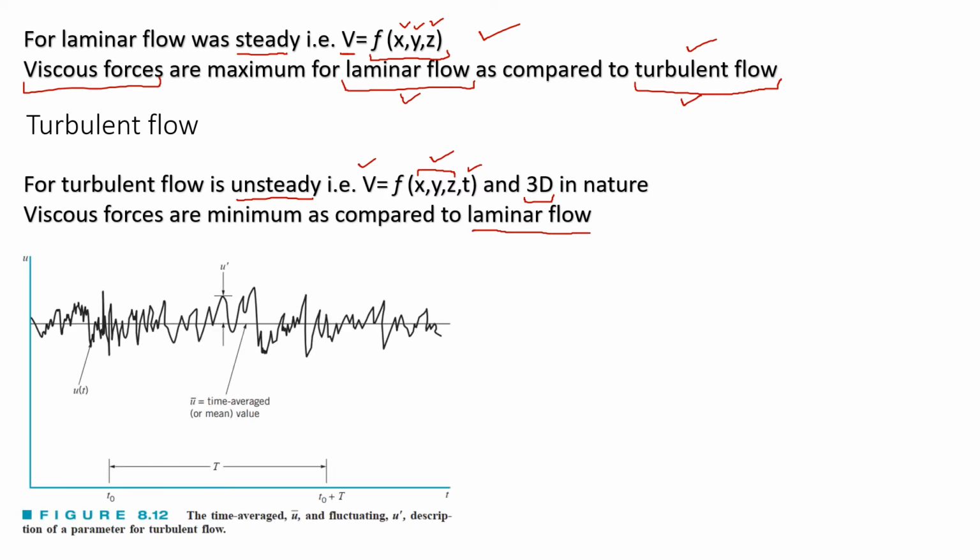So if we look at this diagram, you can see that velocity is plotted with respect to time, and you can see that the line is very unsteady. So this is an unsteady velocity profile, and we will take 2 points on this profile. One is the mean velocity, and this one is the peak velocity, and we will write it such that the total velocity is equal to the mean velocity plus the peak velocity, u dash.